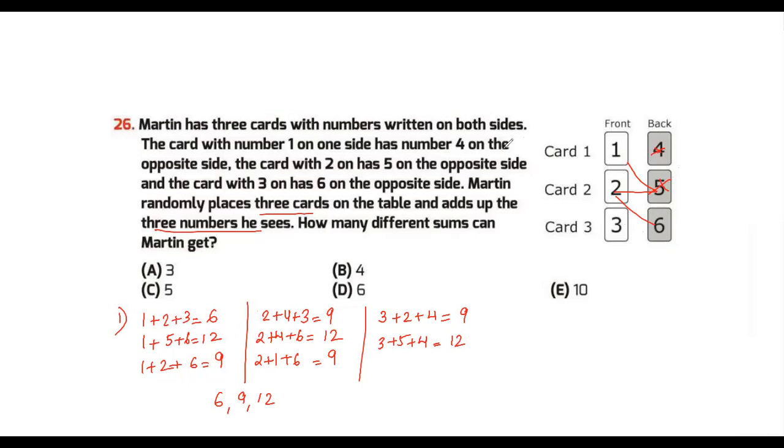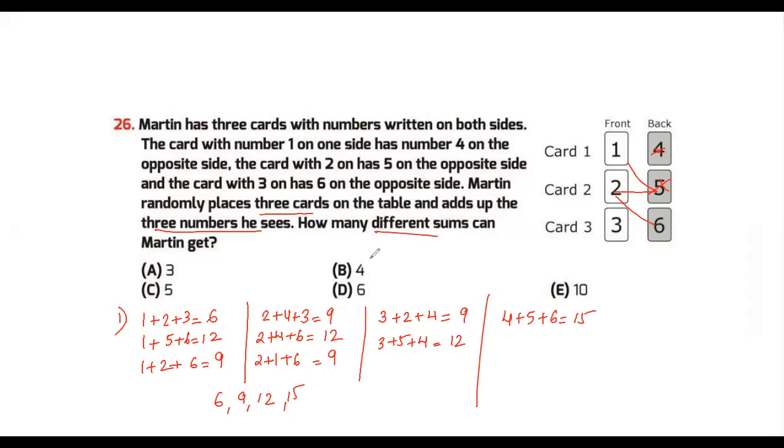So is there any other combination that you feel will be there? We can also take this combination, which is 4 plus 5 plus 6, which is a 15. Okay, so this is also one of the sums that I can get if I only take these.